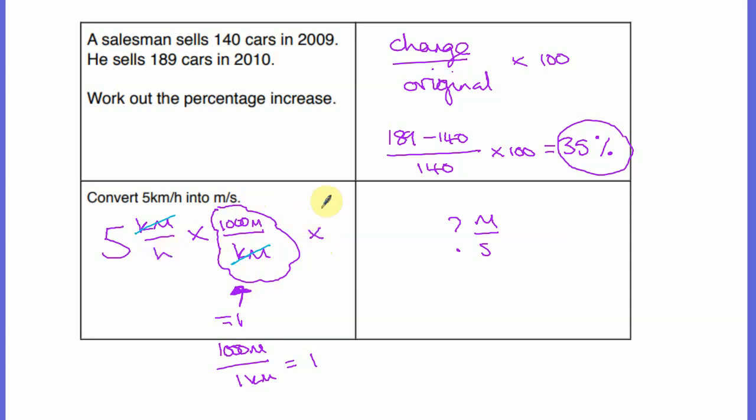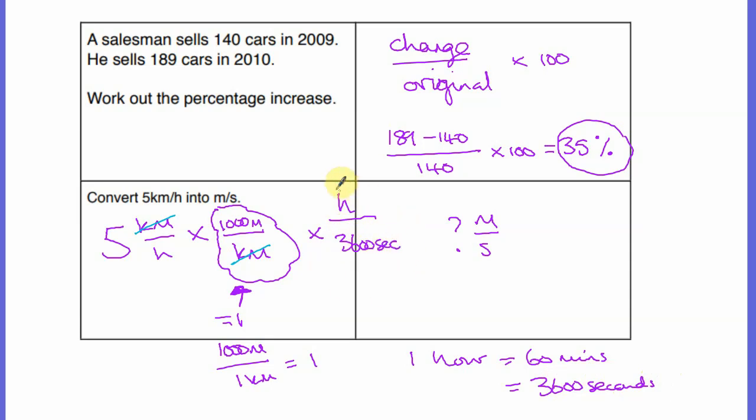I also need to do this for hours. So if I have hours on the top, into seconds, well, in 1 hour, there are 60 minutes. And in a minute, there's 60 seconds. So if we do 60 times by 60, there's 3,600 seconds in there.